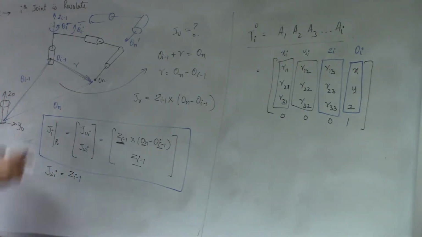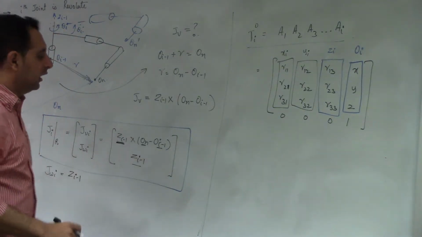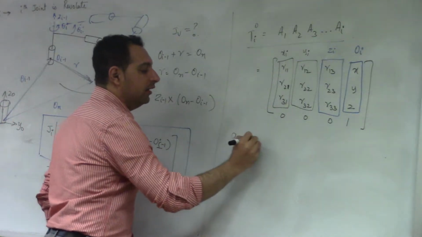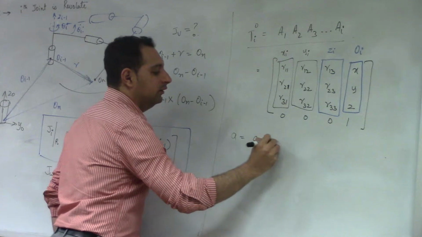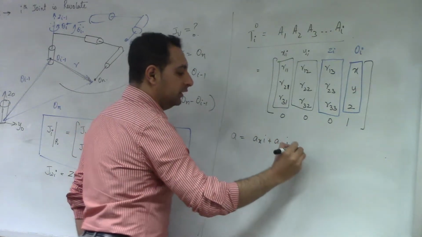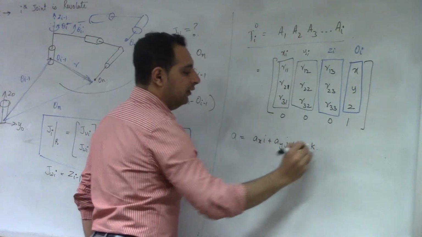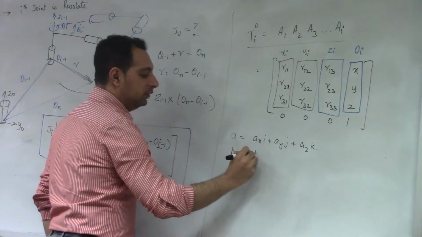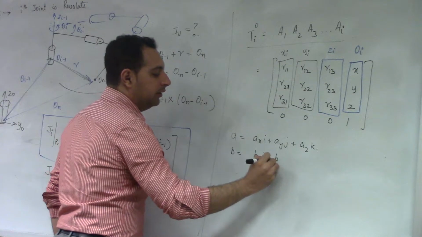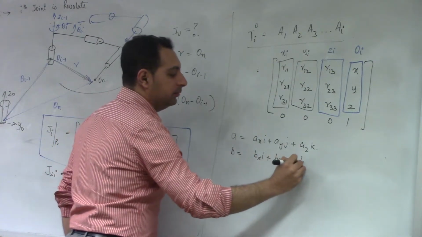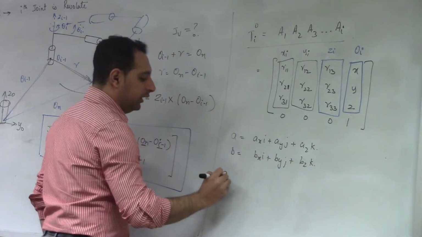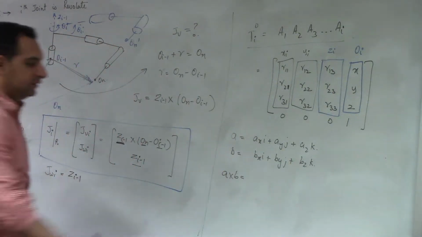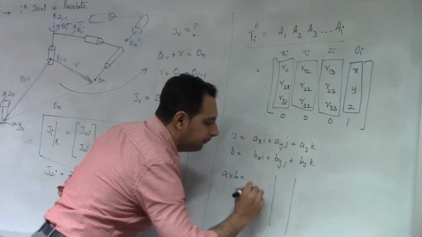Now, just for those of you who are not familiar with doing the cross product, if you have two vectors like this, A, which is AXI plus AYJ plus AZK, where IJK are unit vectors, and B is BXI plus BYJ plus BZK. If you want to do A cross B, obviously, this is once again not commutative.